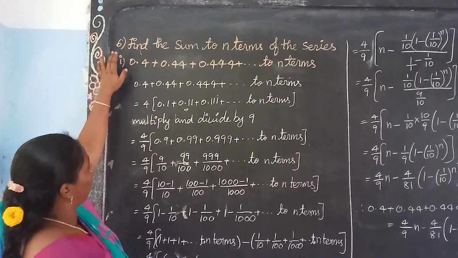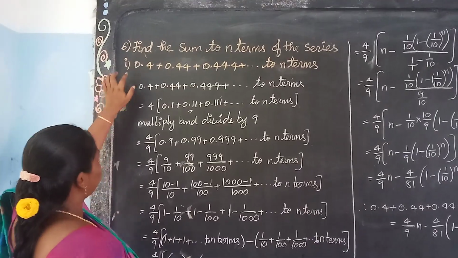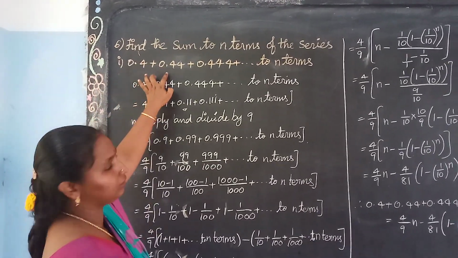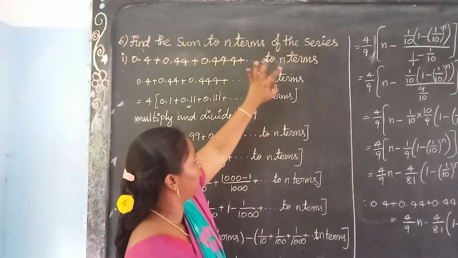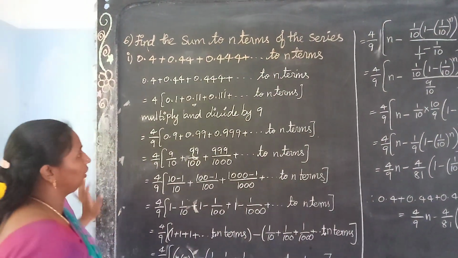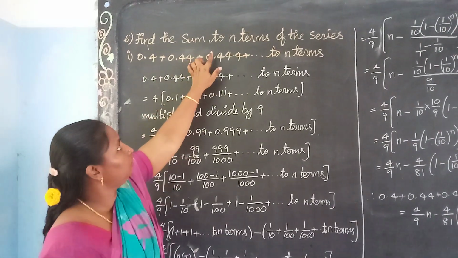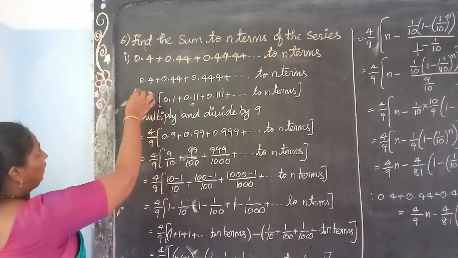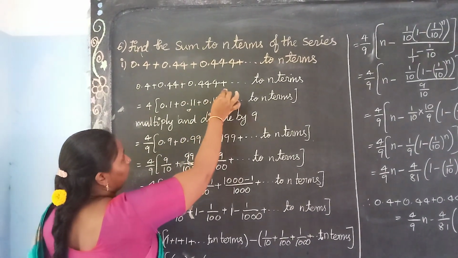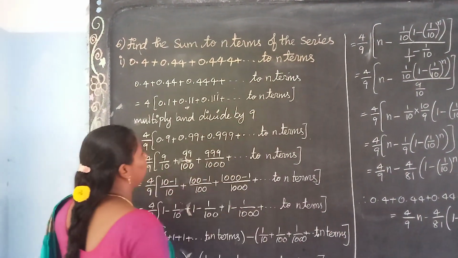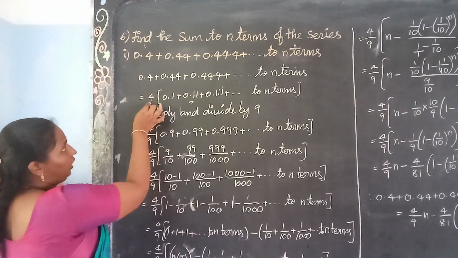So next, sixth one. Find the sum to n terms of the series. First sum: 0.4 plus 0.44 plus 0.444 plus and so on to n terms. So we are going to find the sum of this series to n terms. So write the question. In these terms we are going to take 4 as common.